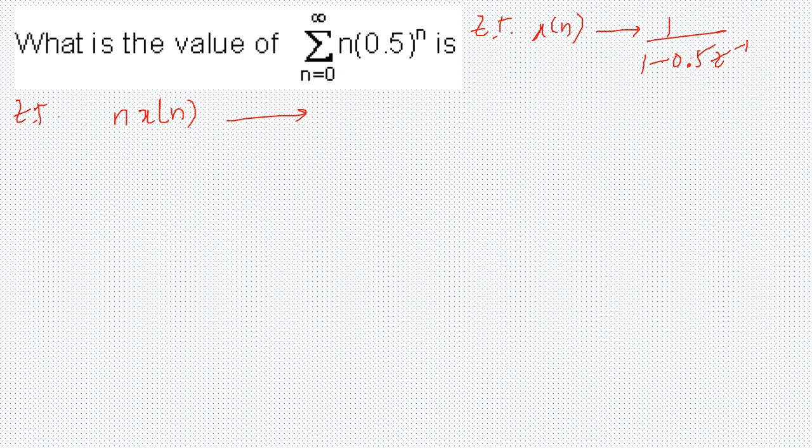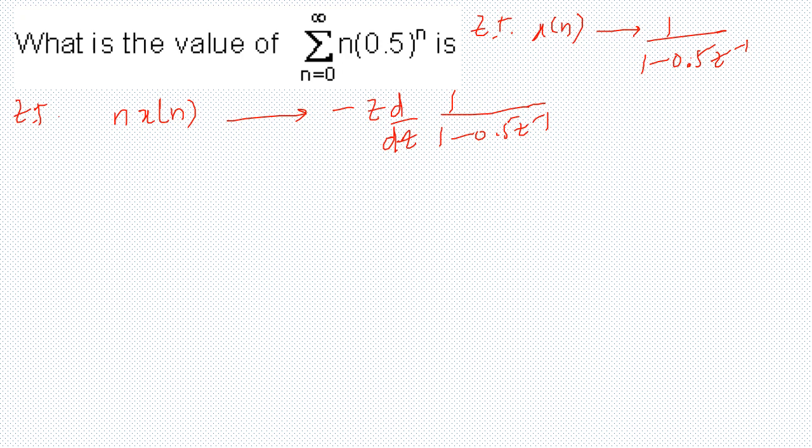So how to proceed for that? You know that the z transform of x of n is known to you, which is 1 over 1 minus 0.5 z inverse. Now the z transform of n x of n is minus z d by dz of 1 over 1 minus 0.5 z inverse.